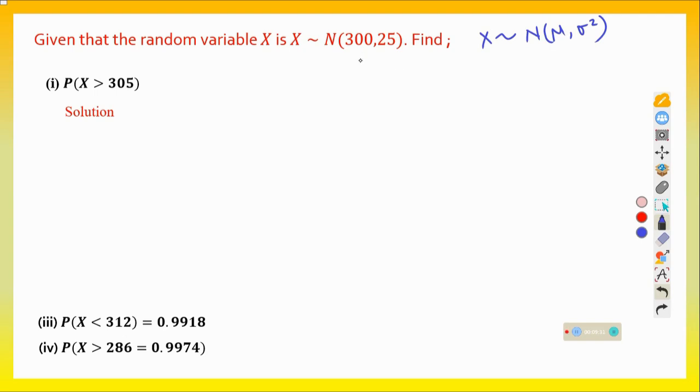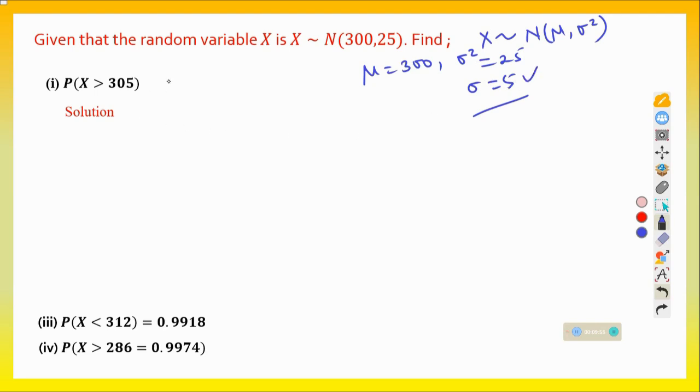So mu is 300 and our variance is 25, meaning the standard deviation is the square root of 25, which gives us 5. So mu is 300, standard deviation is 5.